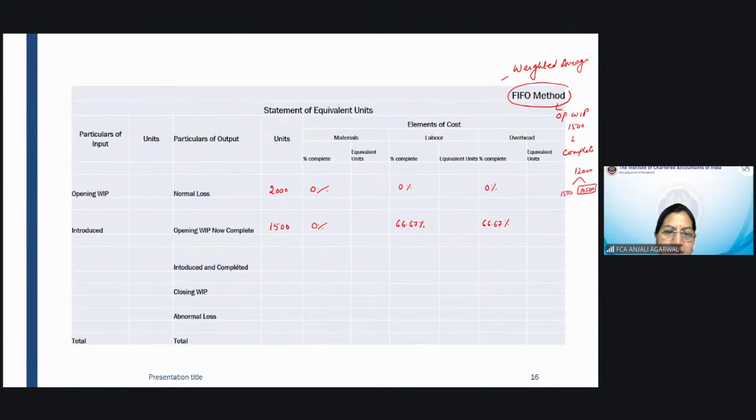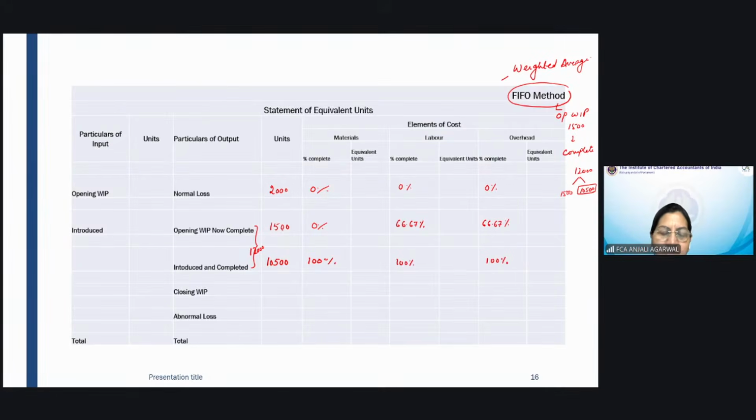Then you had some units introduced and also completed, but the total completed units were 12,000. Out of that, 1,500 is opening WIP. So the remaining 10,500 units were introduced in this period. You have completed them material wise 100%, labor wise 100%, and overheads also 100%.